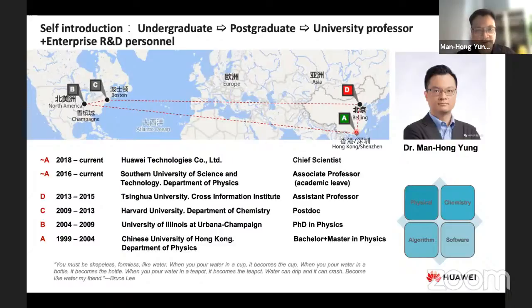It looks like I am moving around different places, but my overall career goal is still the same: I would like to build a quantum computer, or at least be involved in building such a device.